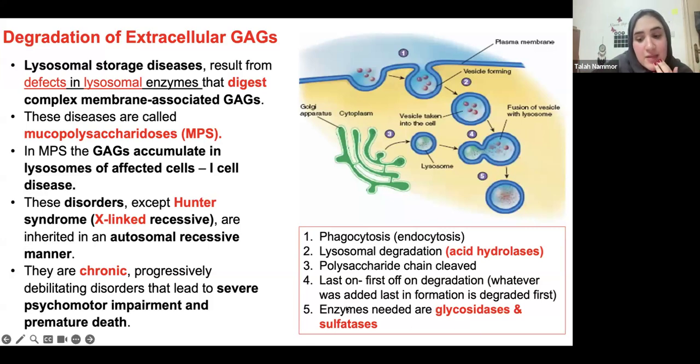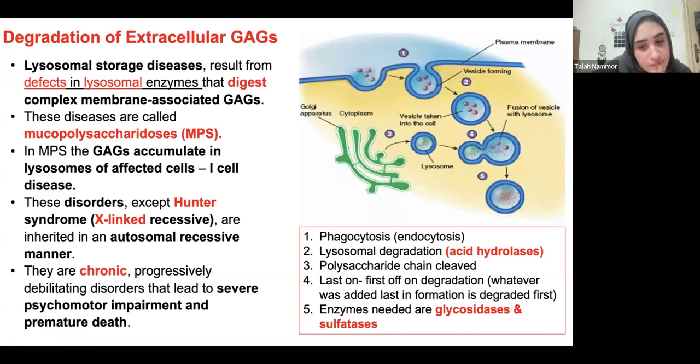Last but not least, the enzymes needed are glycosidases and sulfatases. It makes sense. We have glucuronic acid, glucose, galactose, so we're going to need glycosidases to break them down. And we have sulfates. We said we have to add a sulfate group to make it more negatively charged, so a sulfatase is going to remove it. Okay?